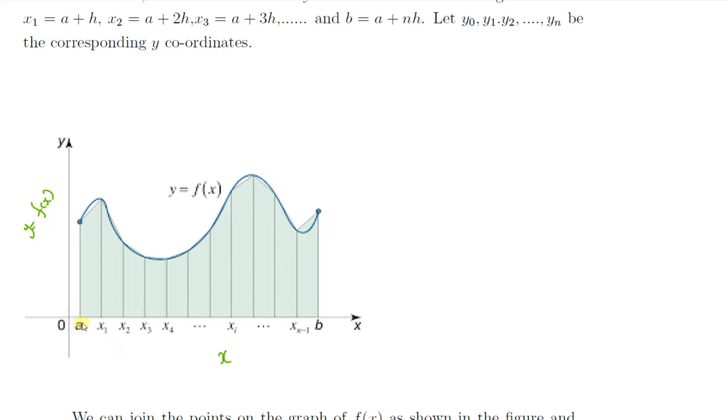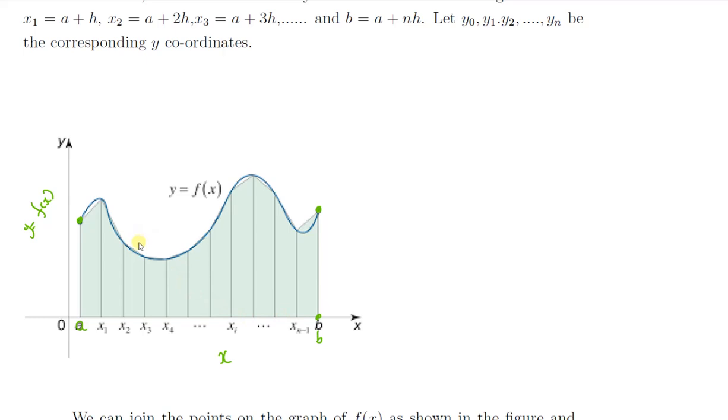This is the point x is equal to a, and the value of the function at x is equal to a is this. Now the value of the function at x is equal to b is this. This is the point x is equal to b.